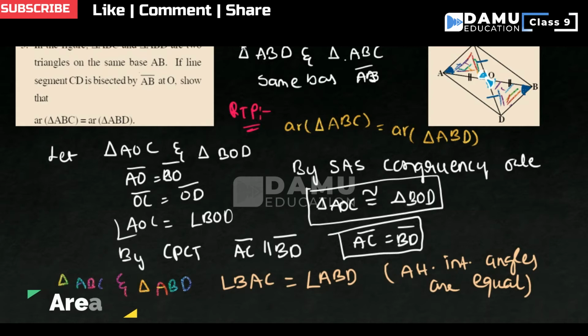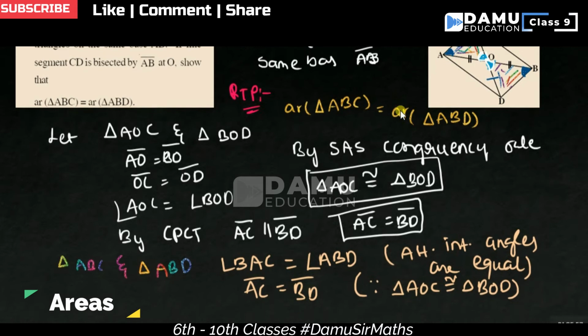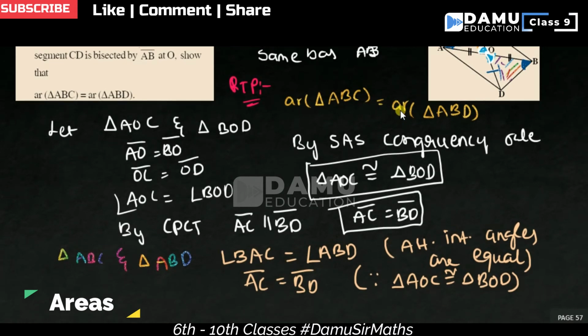We have already proved that AC is equal to BD by using triangle AOC is congruent to triangle BOD. So AC is equal to BD and AB is the common side in both the triangles.